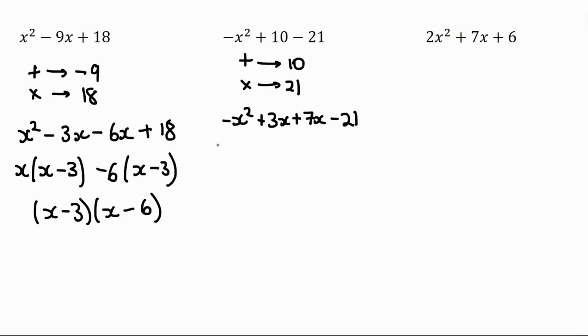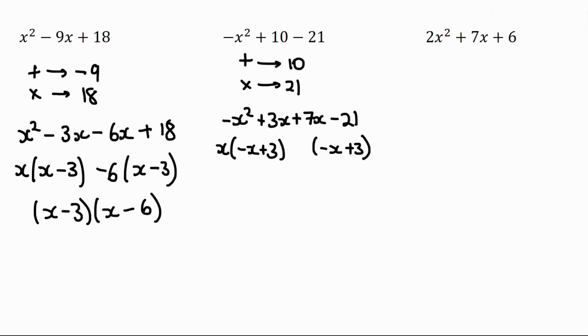So our highest common factor is x. And to make -x squared, we're going to multiply by -x. And then to make positive 3x, we need to multiply by 3. And move this bracket here. So -x plus 3.